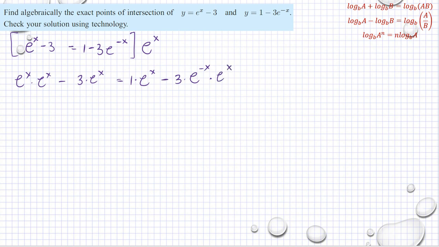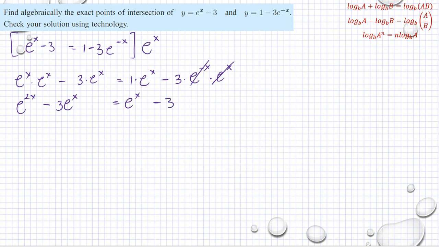And we know that this is 1 because e raised to 0 is 1. Then we have e raised to 2x subtracted by 3 e raised to x is equal to e raised to x minus 3.